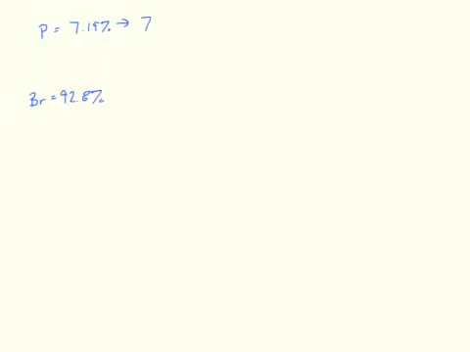Change them over to grams, 7.19 grams, 92.8 grams, and phosphorus has 31 grams per mole for its molar mass. Bromine's molar mass is going to be 80 grams per mole. Once again, we have our grams canceled out.